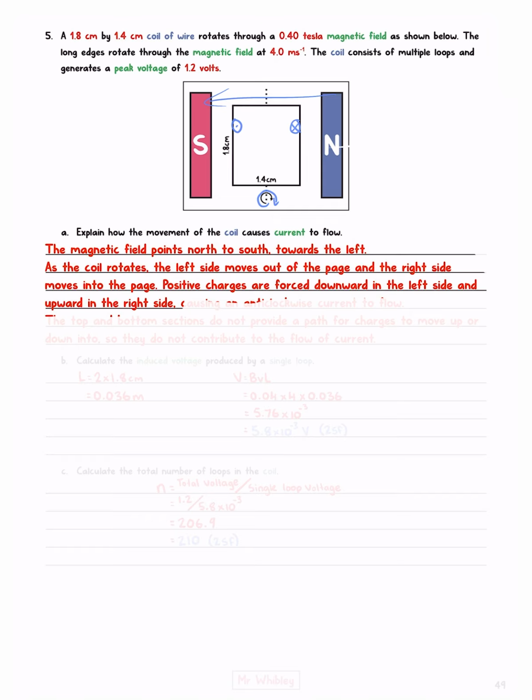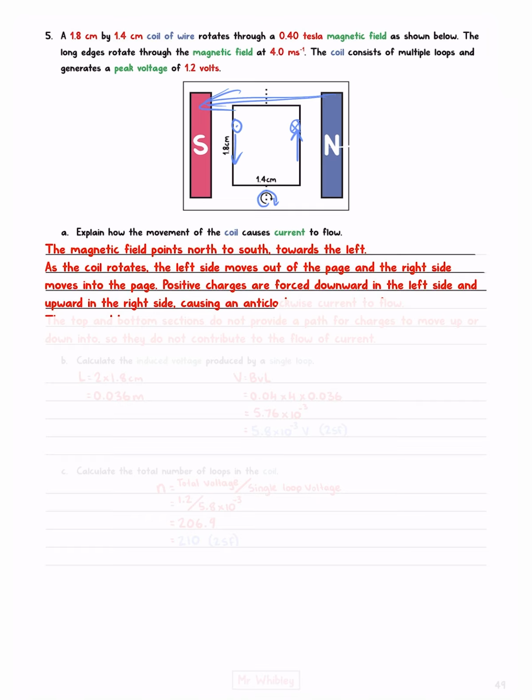To confirm this direction, we take our right hand and point our fingers in the direction of our south pole, pointing our thumb upwards. Our palm is facing downwards, indicating that positive charges in the left section are going to be forced downwards. If we instead point our thumb into the page, which is the case with the right section, we find our palm facing upwards, and so our positive charges are forced upwards in the right section.